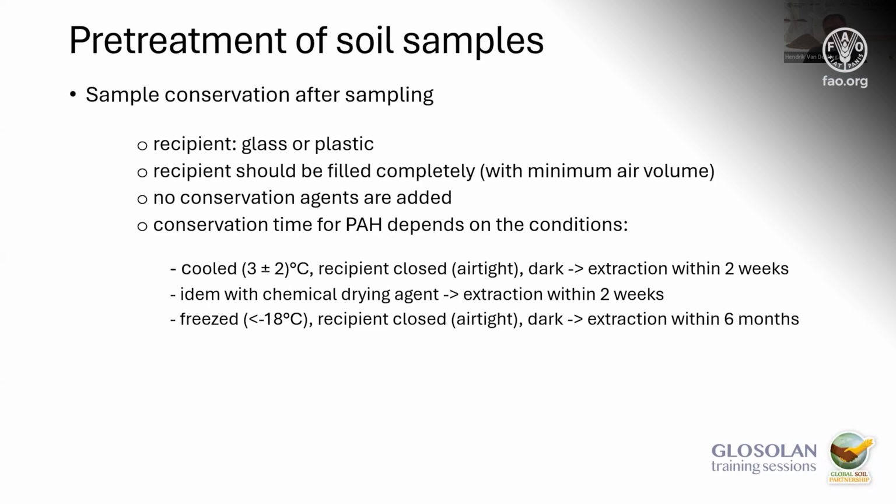Also, if we mix them with chemical drying agent, something we will see later in this presentation, we can keep the mixture for 2 weeks. If we put the samples in a deep freezer, at -18 degrees Celsius, in the dark and in a closed recipient, the samples can be conserved for a maximum of 6 months before we do the extraction.